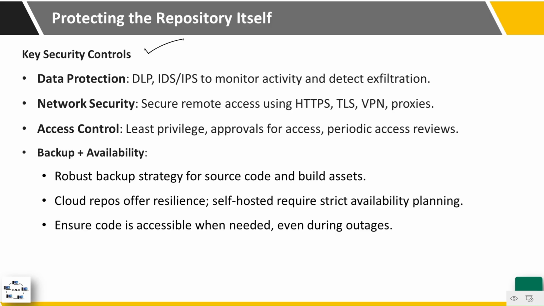Key security controls to protect a repo include data protection inside the repo, which can be done through data loss prevention tools, IDS, and IPS to monitor activity and detect data exfiltration or code exfiltration. Similarly, we need network security controls such as secure remote access using HTTPS, TLS, VPN, and proxy so that our remote access is encrypted.